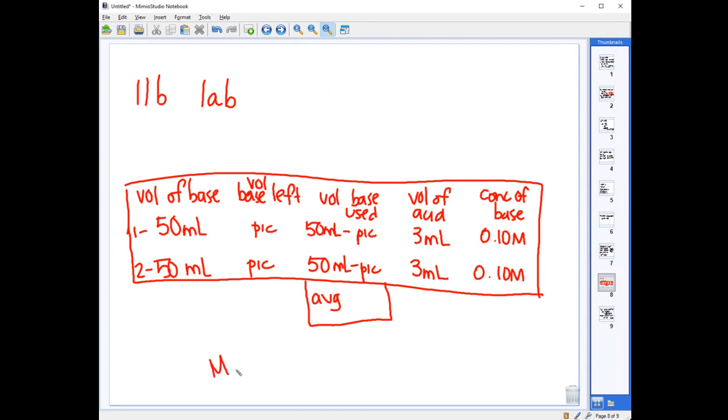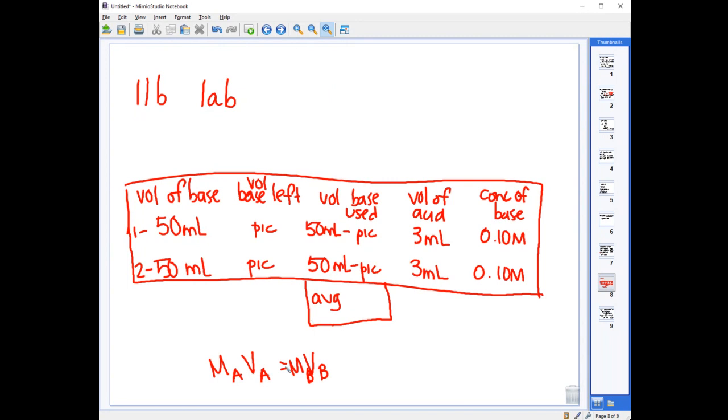And then you were given a formula. Where M1, basically M1V1 equals M2V2. And you've seen this before when we were doing molarity. We've replaced the 1 and the 2 with A and B to represent acid and base.